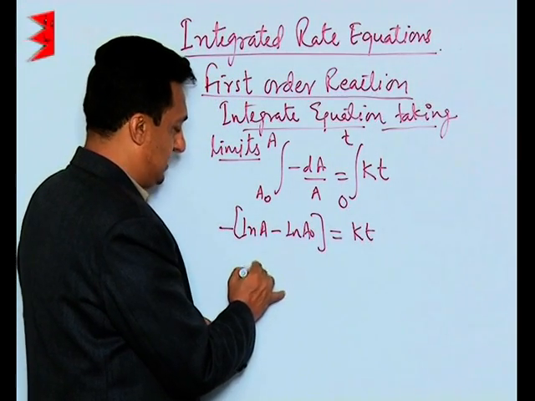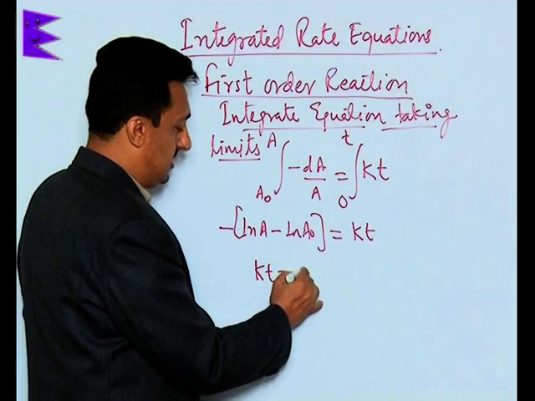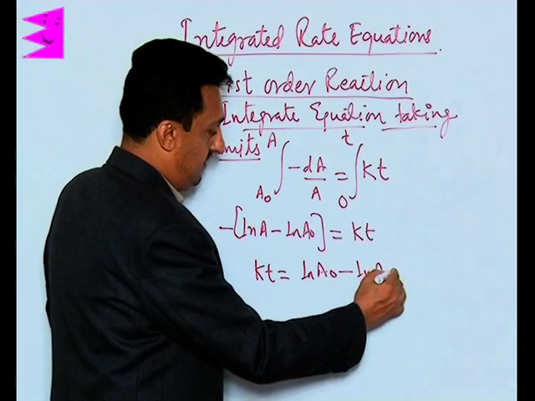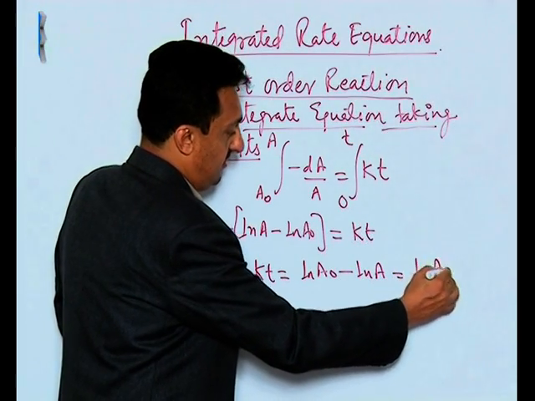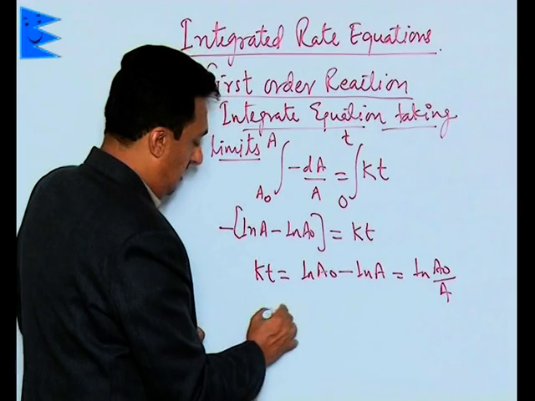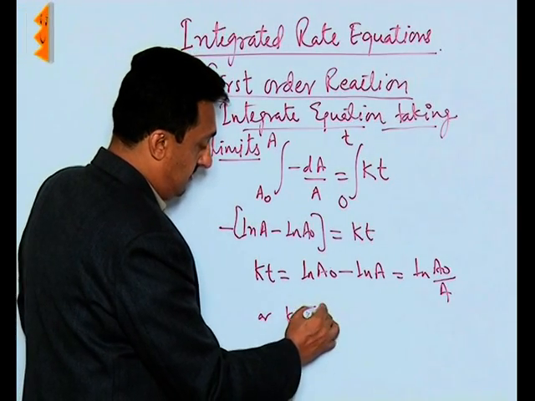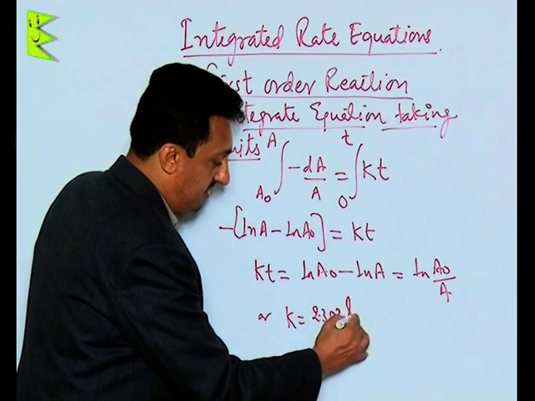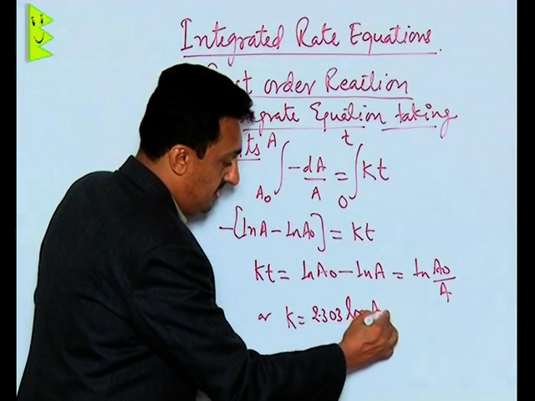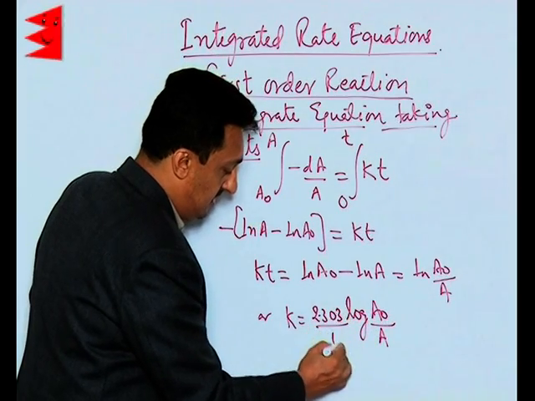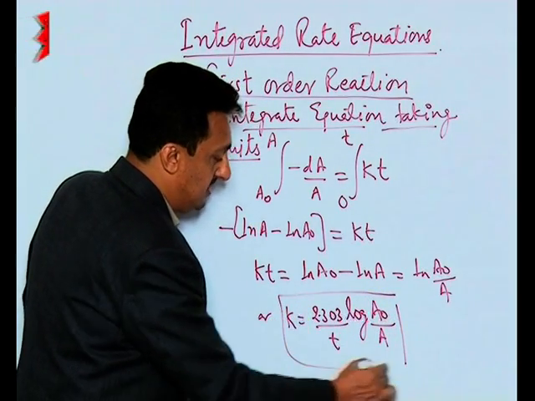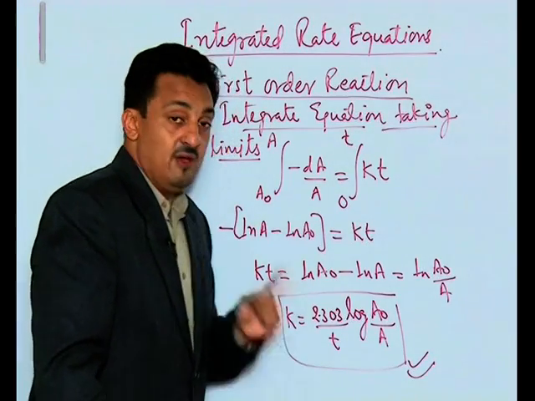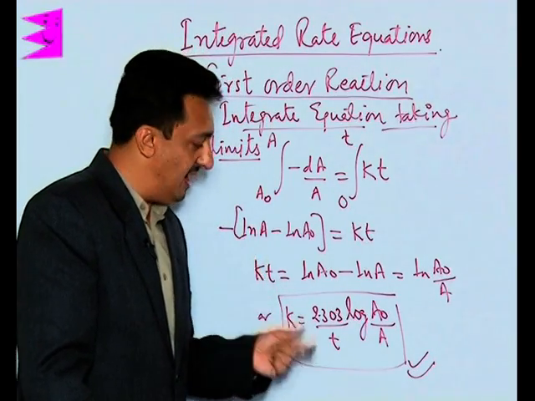It can be written as Kt is equal to natural log of A naught minus natural log of A, which becomes natural log of A naught upon A, or which can be written, if we change this into log base 10, as K = (2.303/t) log [A naught]/[A].